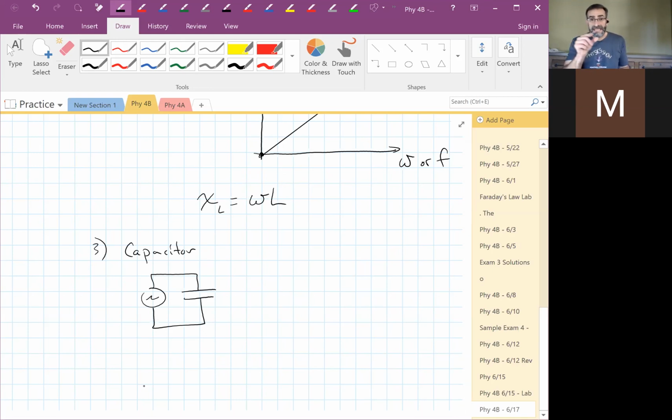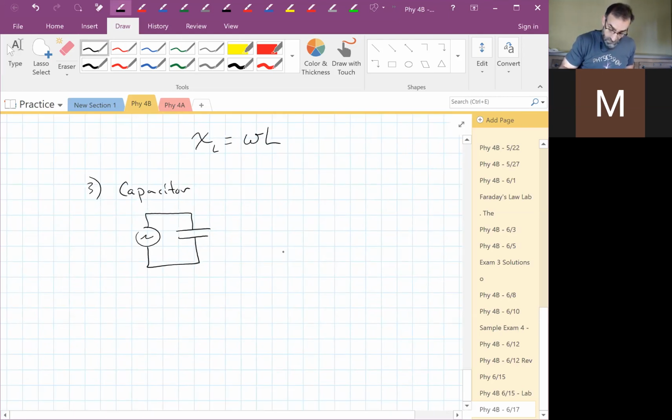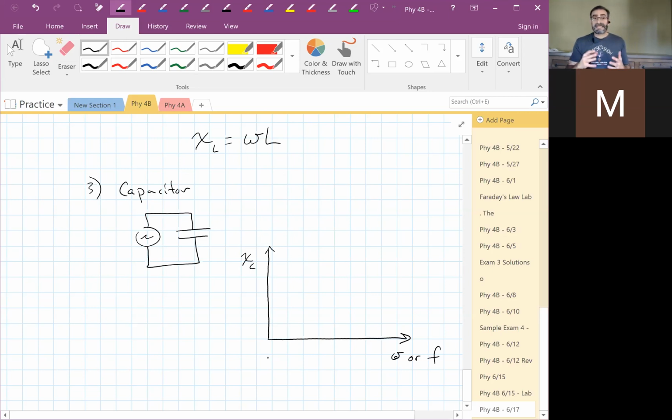When we have DC, if our frequency goes to zero, we want to know, what does the reactance do? At zero frequency, a DC source, a battery, what does this look like?